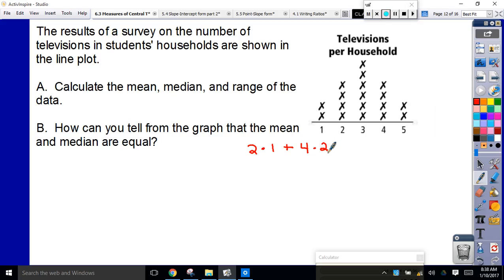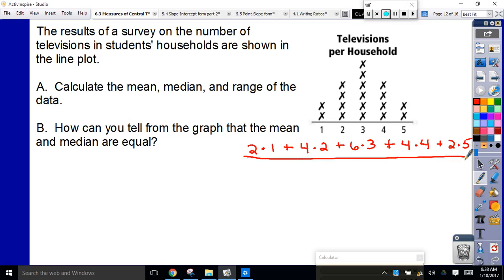I'm writing this out, and I'd like you to write it down this time so you can see how to do it. You do not need to write down these details every time. You can just go through on your calculator and quickly type in, okay, 2 times 1, 4 times 2. You can do that quickly without writing it all out. But for this time, there are 4 people who have 4 televisions, 2 people who have 5 televisions.